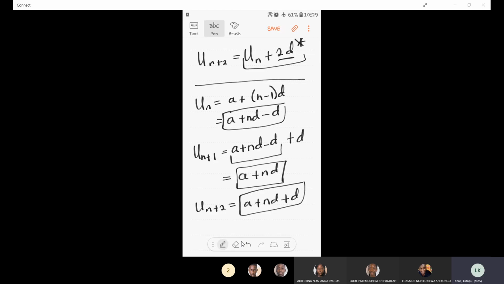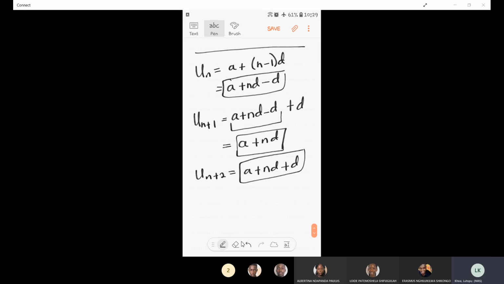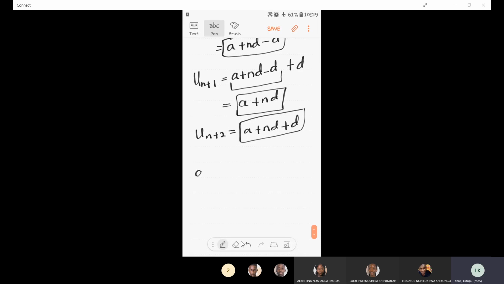When I add them all together, what I should end up with is 36. So I have a plus nd minus d, this is u1, and then I add a plus nd, and then I add a plus nd plus d, and this is equal to 36. So we simplify as far as possible.